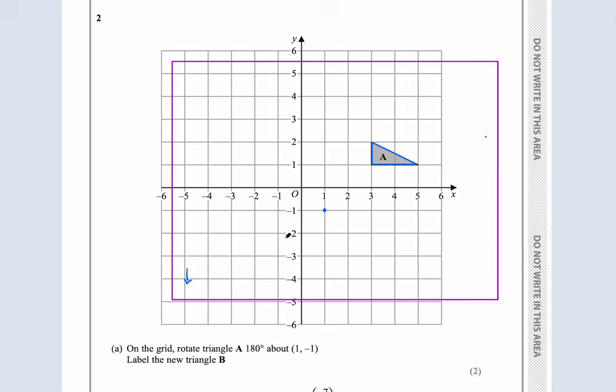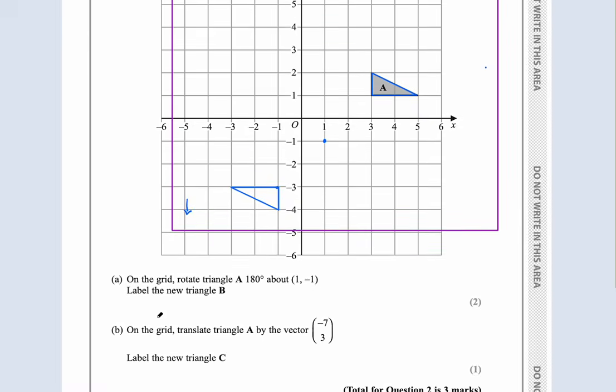So we'll have this guy will be here. This guy will be here, this guy will be here, and this guy will be here. So that will be rotated 180 degrees, about 1 minus 1, about this point.